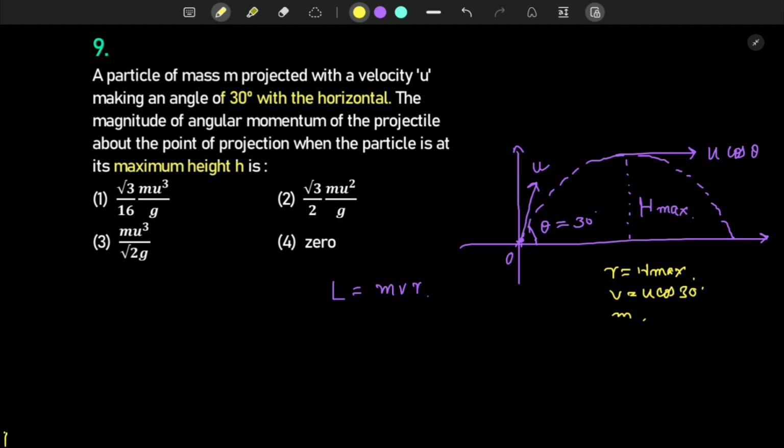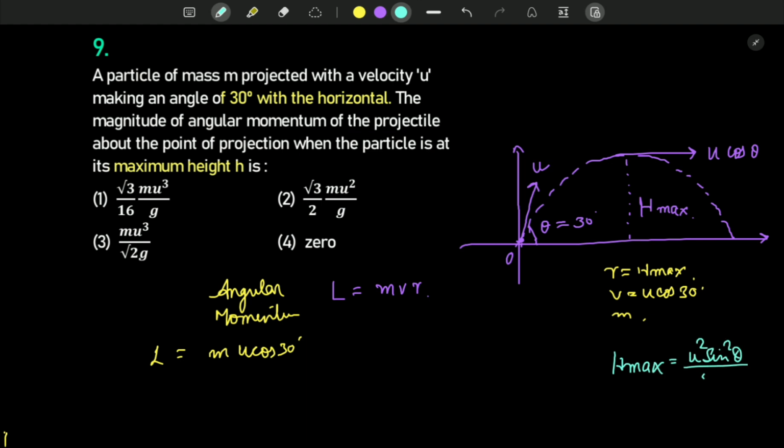So L, angular momentum, equals m, v is u cos 30, and h max. What is the formula for h max? You have learnt it in projectile motion. H max equals u square sin square theta upon 2g. So I will make use of this: u square sin square 30 by 2g.